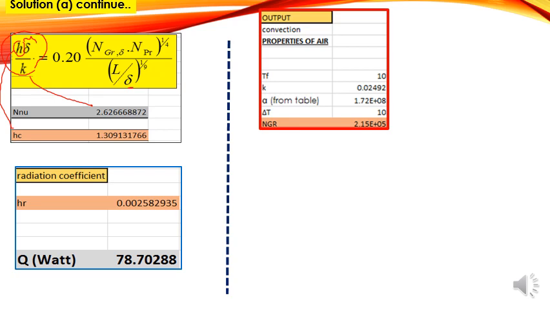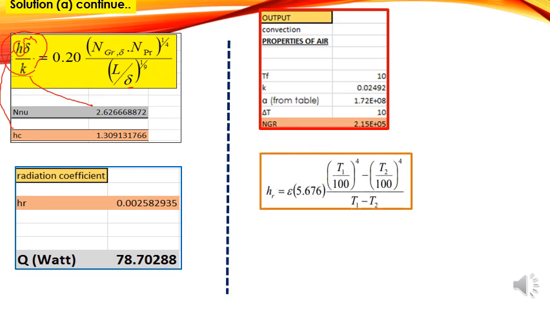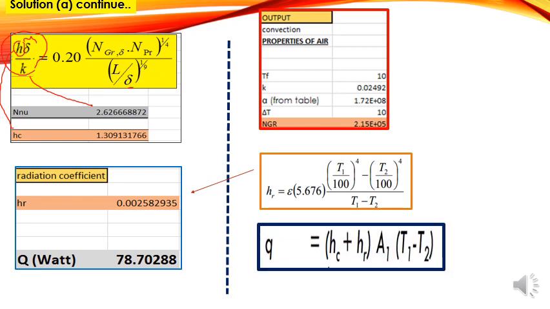And lastly, after we have finished the HC, now we can calculate the HR. So remember the HR, we can just simply use this equation. And for Q, we can use this final equation to get the Q due to the convection and radiation.